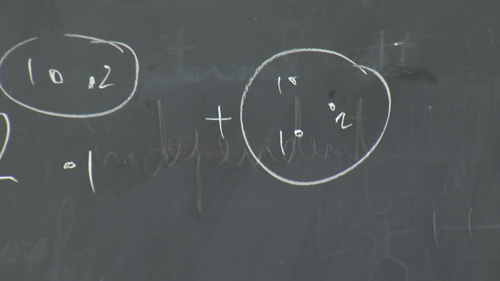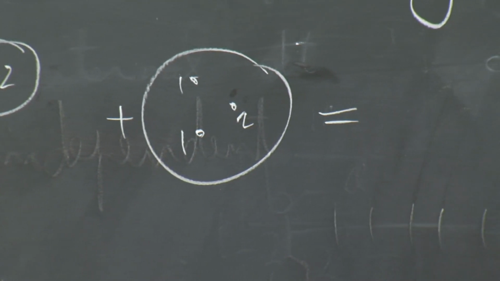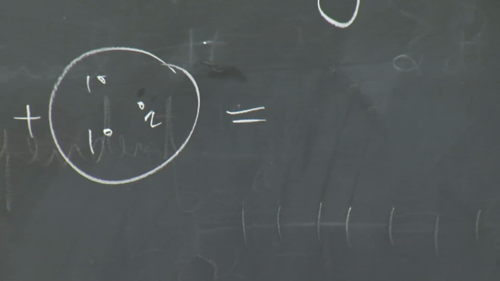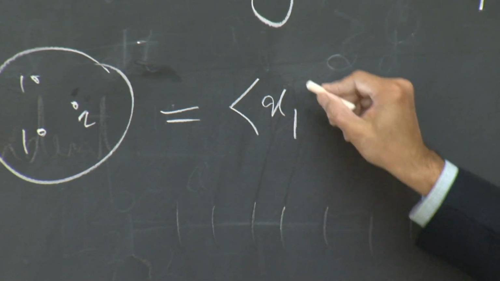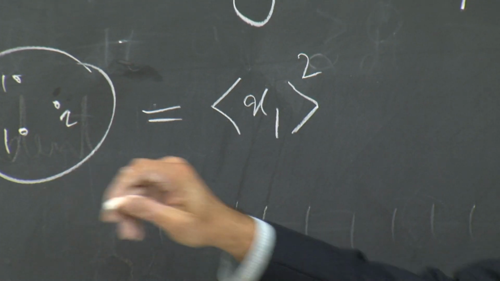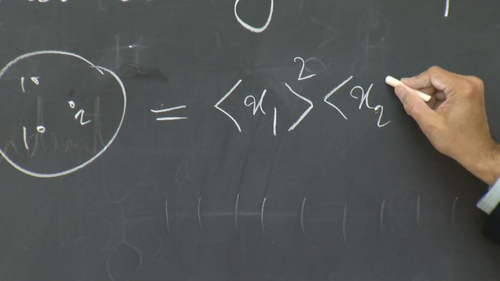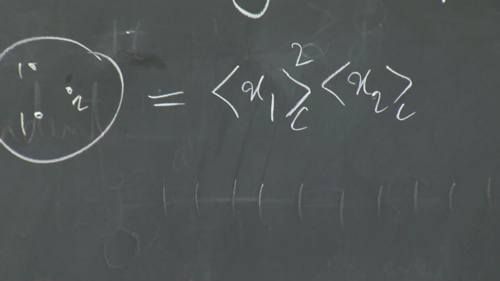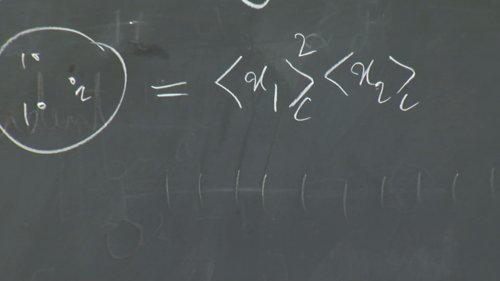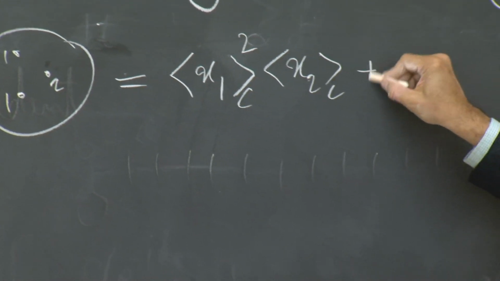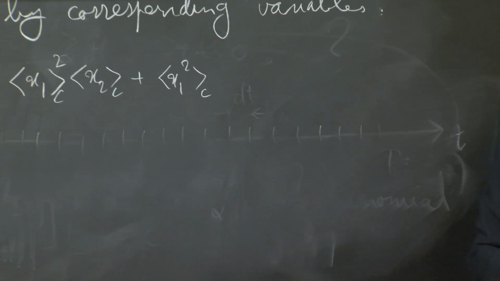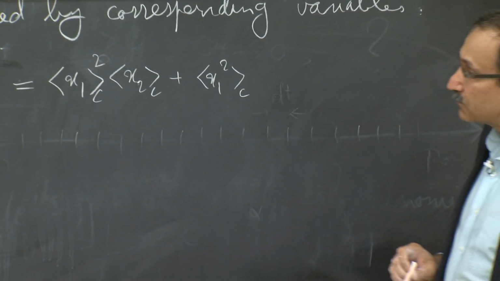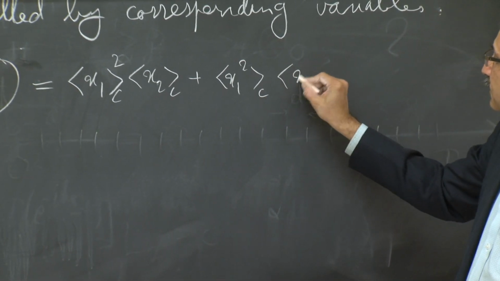And so mathematically, that means that this particular joint moment, the average of x1 squared x2, is obtained as follows. The first term is the product of the averages. The second term is the variance of x1, multiplied by the mean of x2.